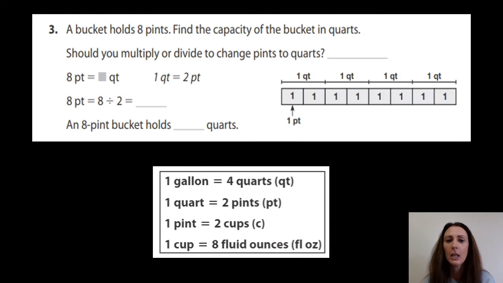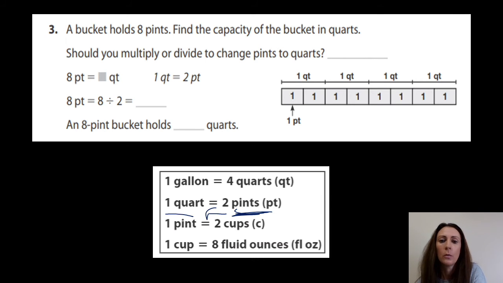All right, let's take a look at this final question. It says a bucket holds 8 pints. Find the capacity of the buckets in quarts. So I'm starting with pints, and I'm going to a quart. So then the problem says, should you multiply or divide to change pints to quarts?